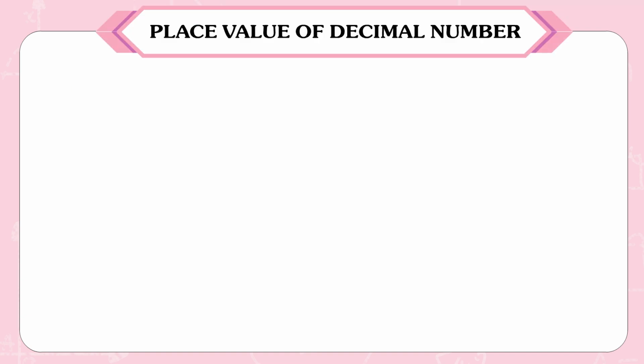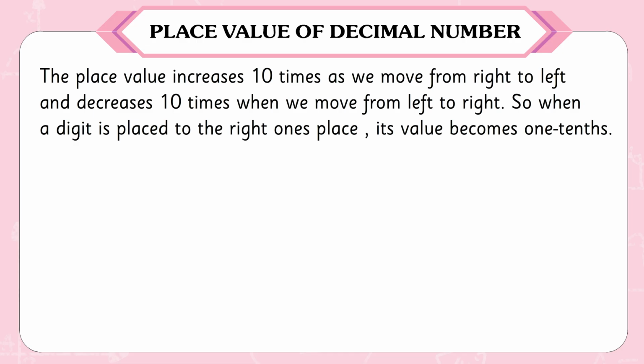Place value of decimal numbers. The place value increases 10 times as we move from right to left and decreases 10 times when we move from left to right. So, when a digit is placed to the right of the ones place, its value becomes 1/10.